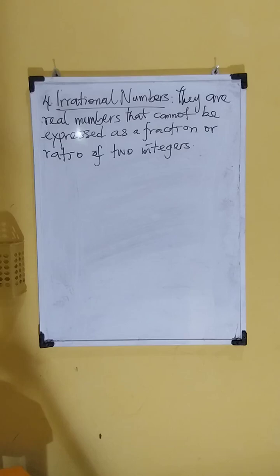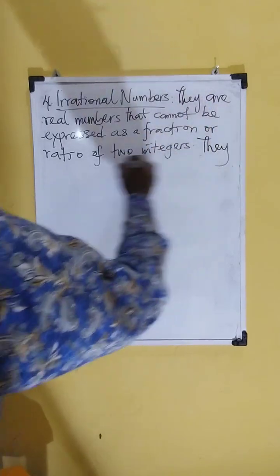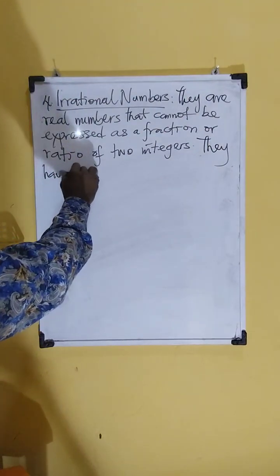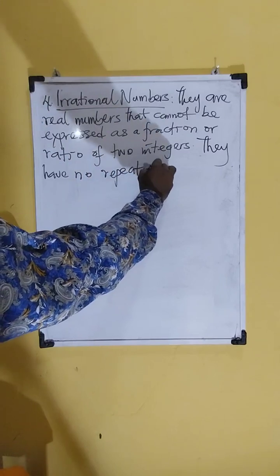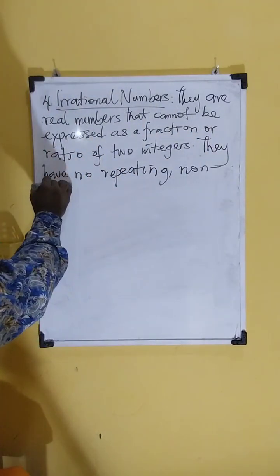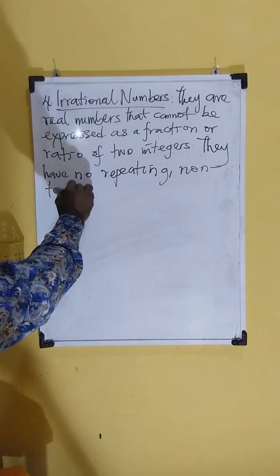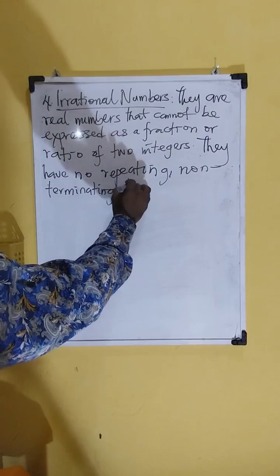They have no, so let me continue there. Take note of all the things I'm writing. They have no repeating, non-terminating decimals.